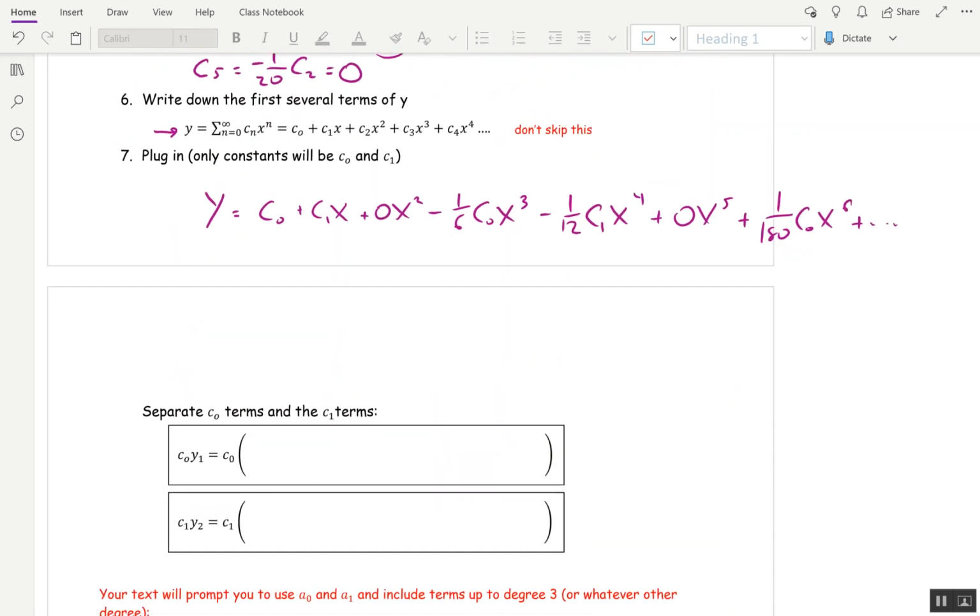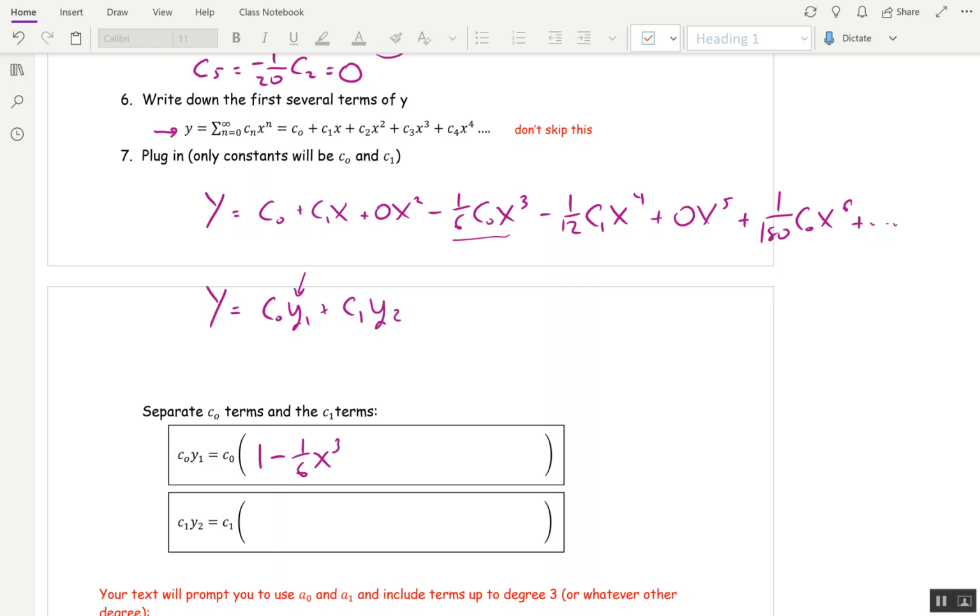I'm going to have two solutions. Well, I have one solution, which is the sum. So my big solution I can write as C0 y1 plus C1 y2. And my y1 is the polynomial I get when I factor out a C0, and I look, so up above here, if I factor out a C0, I want all the C0 terms. So I'm going to get 1, and then the next term involving C0, minus 1 sixth x cubed.